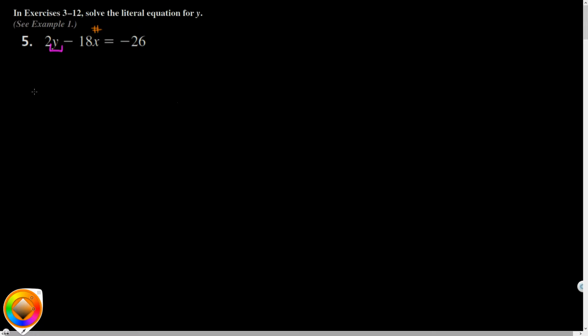So let's solve for y. I've got y being multiplied by 2 and subtracted by 18x, which is just a number. What should I do first to get y by itself? I'm going to add 18x to both sides. Notice these two things are not like terms, so I can't combine them.